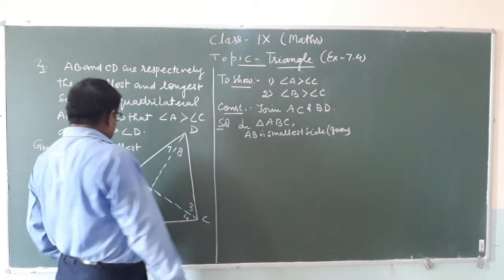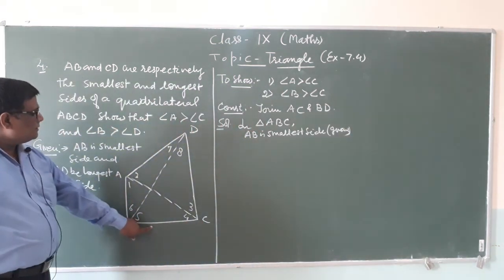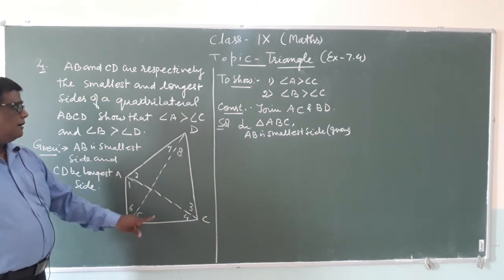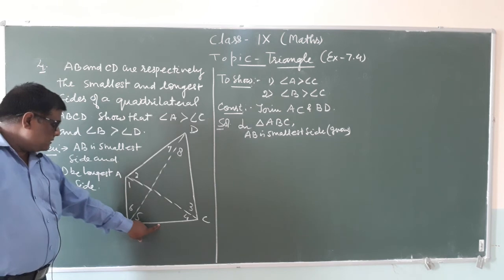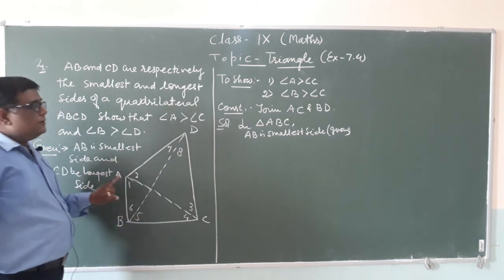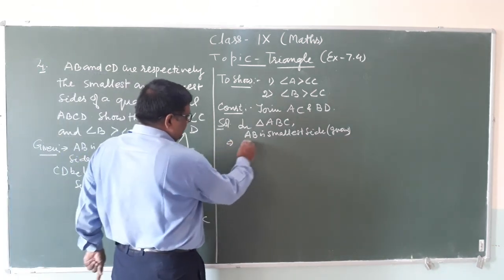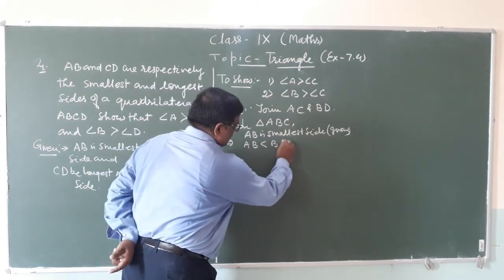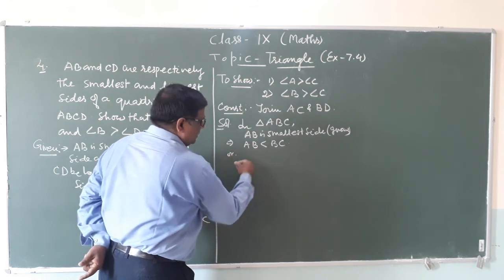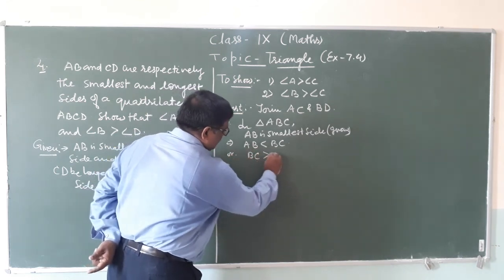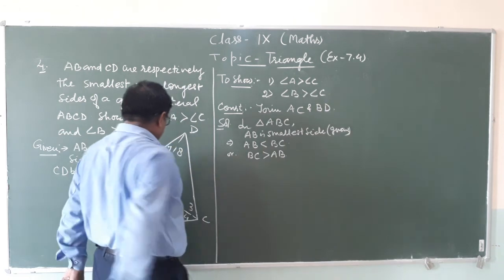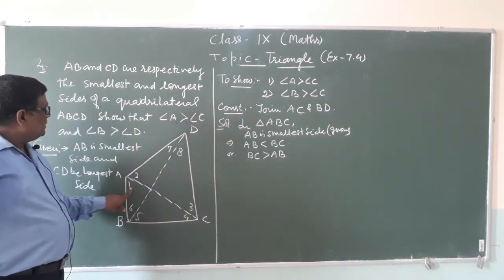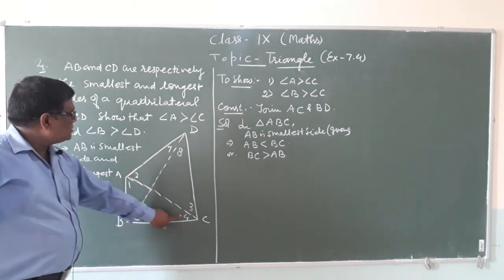So AB is less than BC, or we can write BC is greater than AB. Now the opposite angle of BC is angle 1, and opposite angle of AB is angle 4.